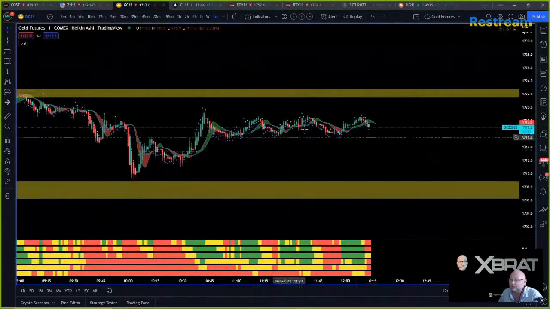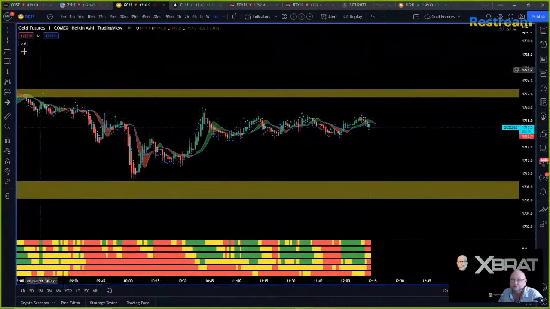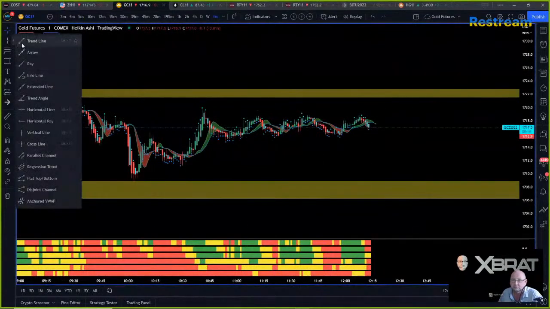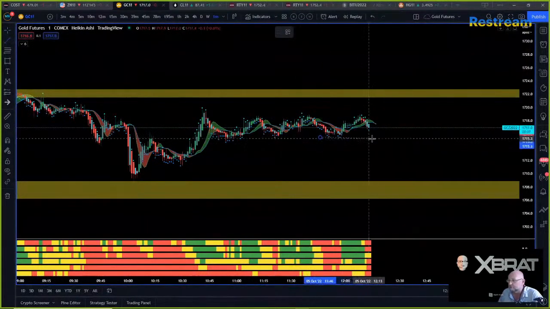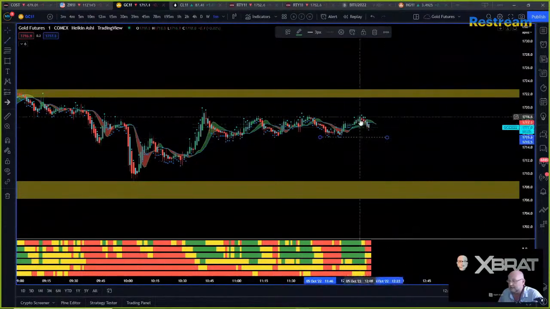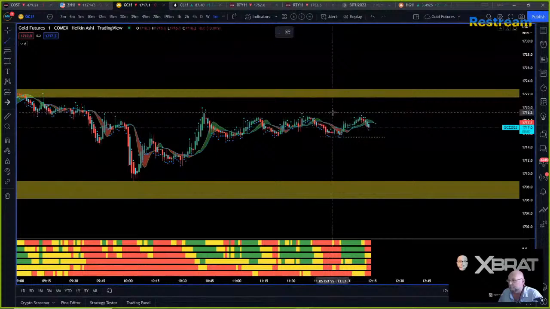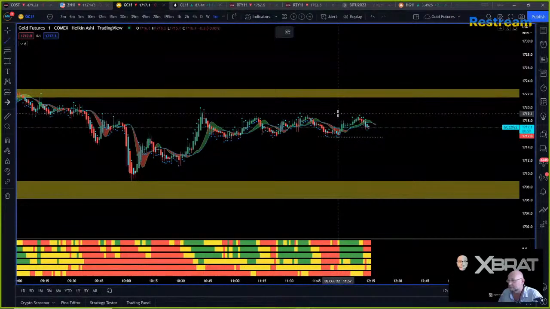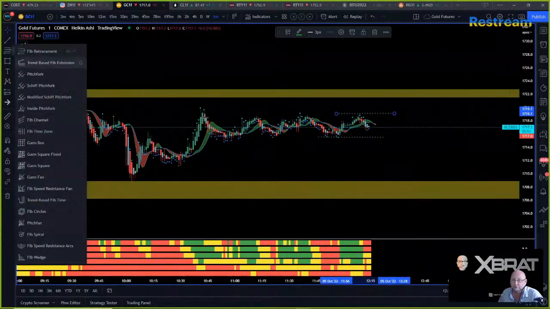When we get that signal, if we get a short signal, we're probably going to look for a short below this little support here. If we get a signal, the long would be above the pivot here, and our risk to reward is pretty good.